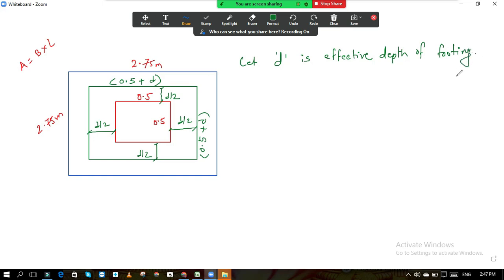We have not yet calculated the value of the effective depth, but let us say that D is the effective depth of the footing.